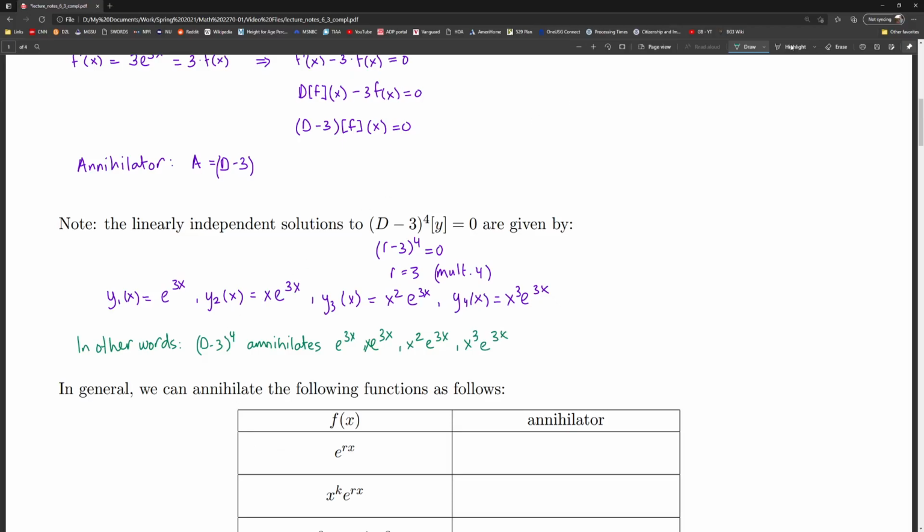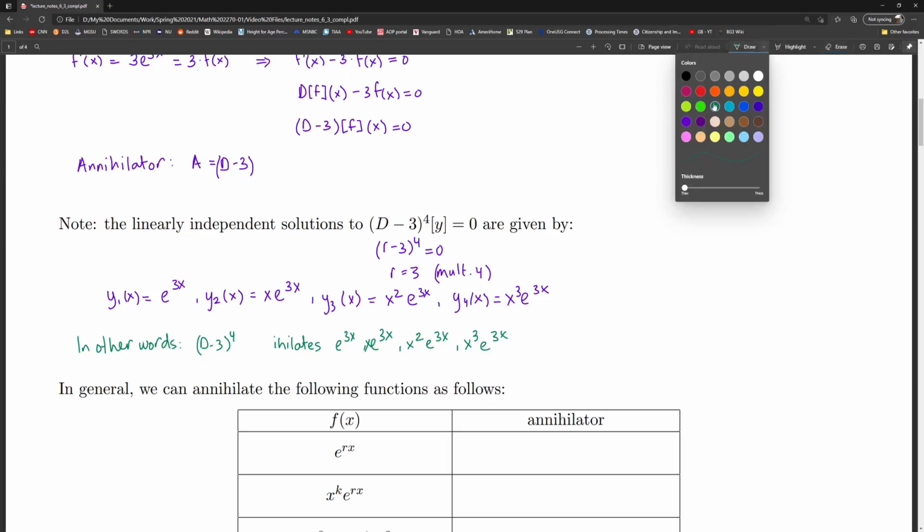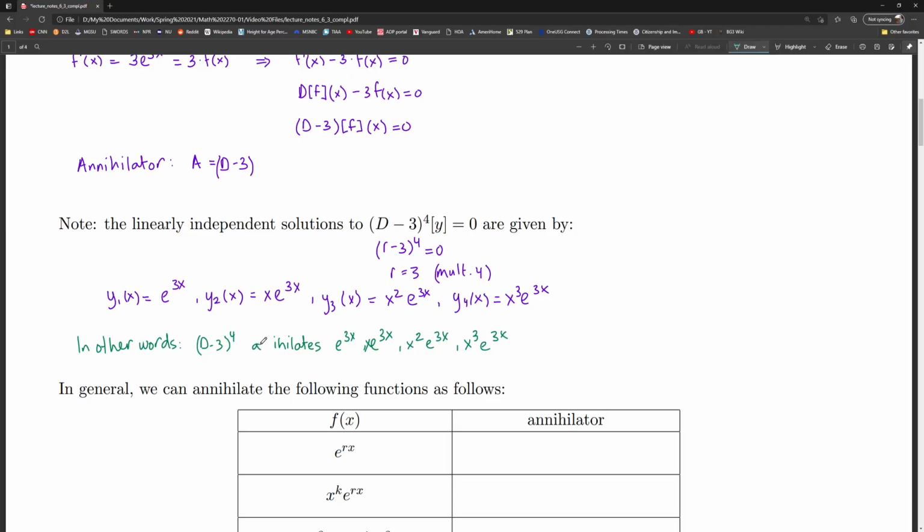So we have one operator that annihilates 4 different functions. So in general, we have more than one annihilator for a function. D minus 3 is an annihilator for e to the power 3x, but any higher power of D minus 3 will also annihilate e to the power 3x.